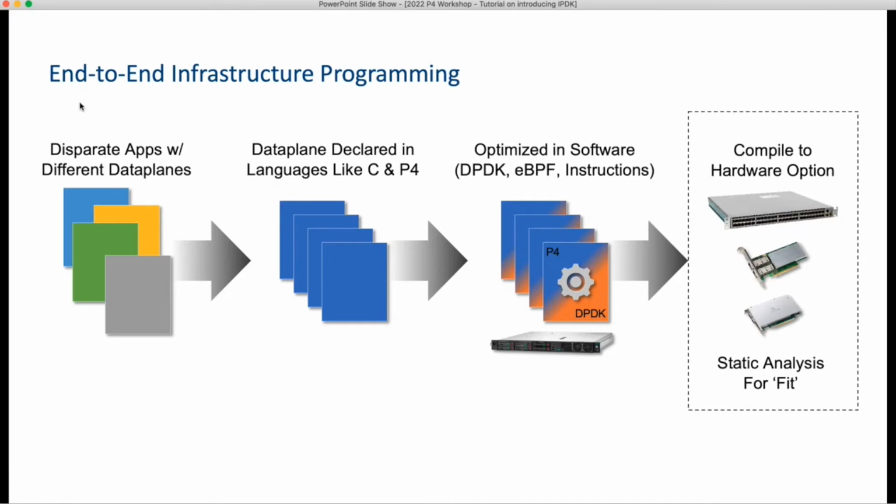Then we try to bring some uniformity by declaring them in a standard way using C, C++, or P4, or a combination of both. And then that software is further optimized using data plane acceleration methods such as DPDK or eBPF or even machine instructions.